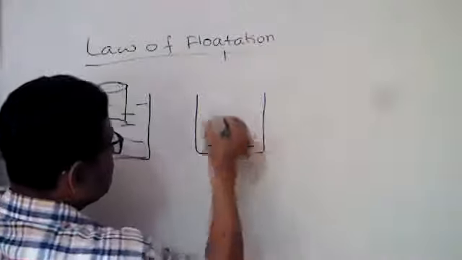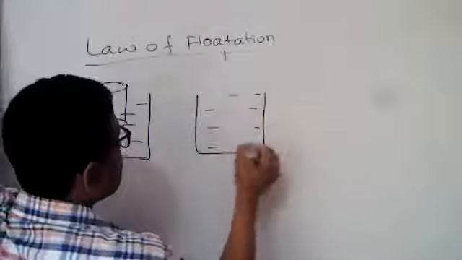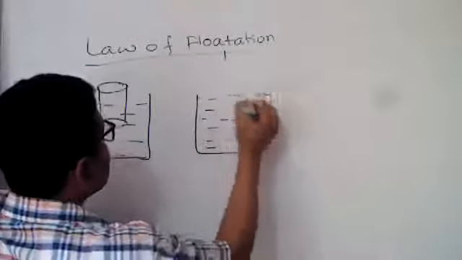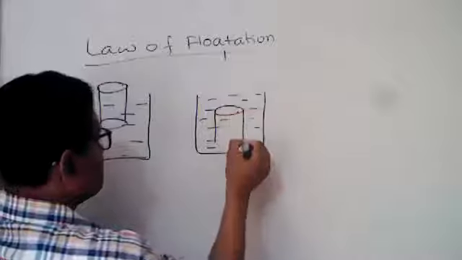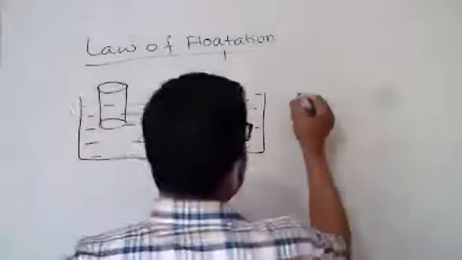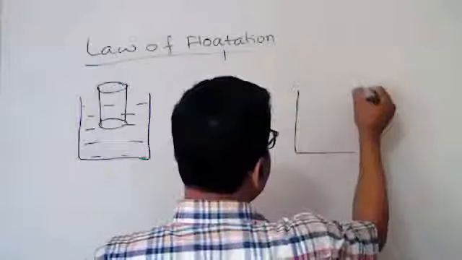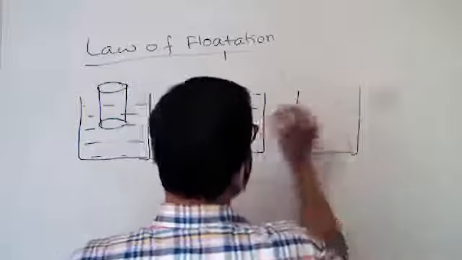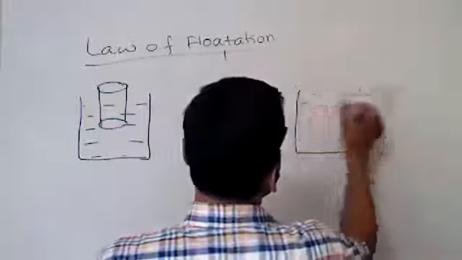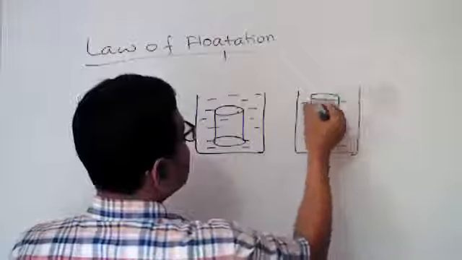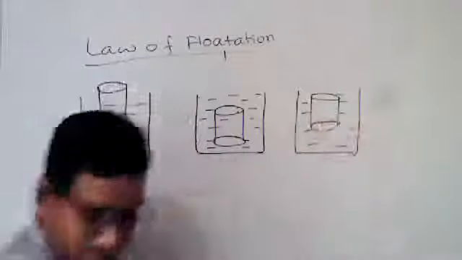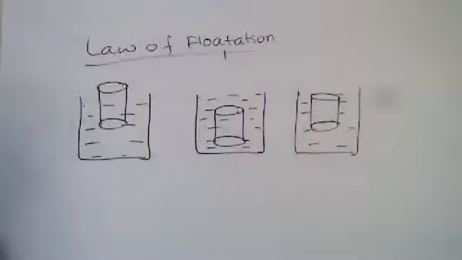The second figure is this position. The third figure has the liquid and the cylindrical object. So, three positions of the object in the liquid.